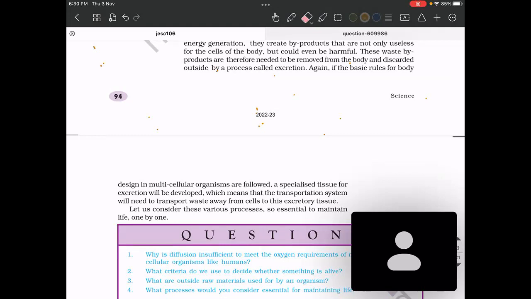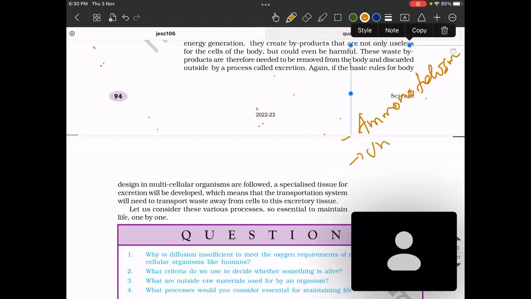Listen. Ammonotelism. What is ammonotelism? Ammonia is the excretory waste. Aquatic animals excrete their nitrogenous waste in the form of ammonia. And birds and all excrete the waste in the form of uric acid.